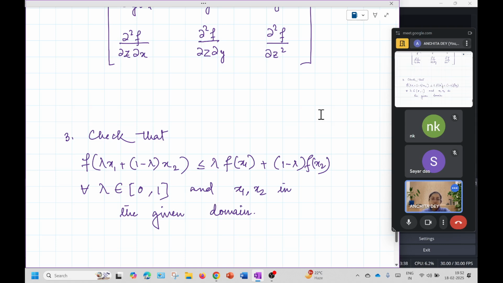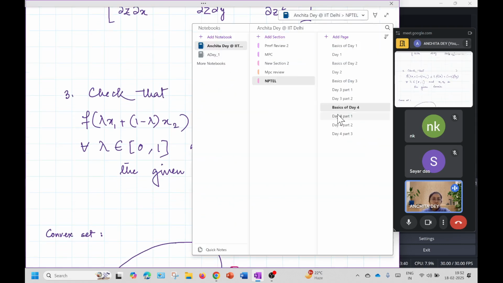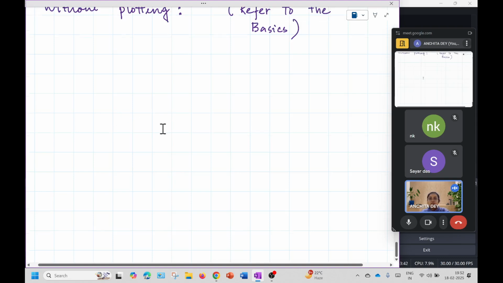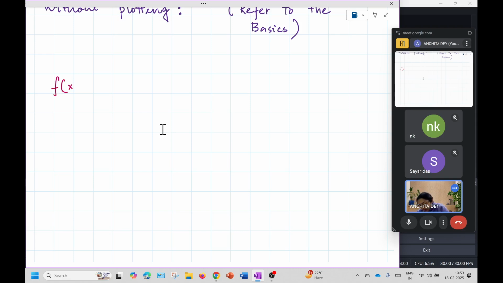itself. Okay, so if we go back now and start analyzing them without plotting, let's just see what are the answers. So the first function I think was given to be e to the power ax, right?